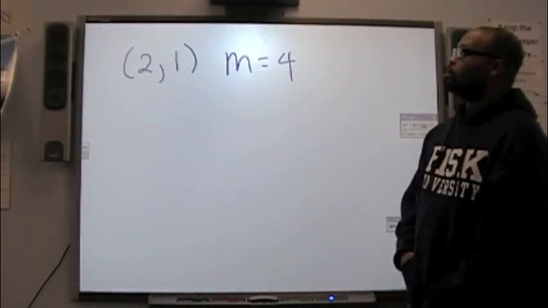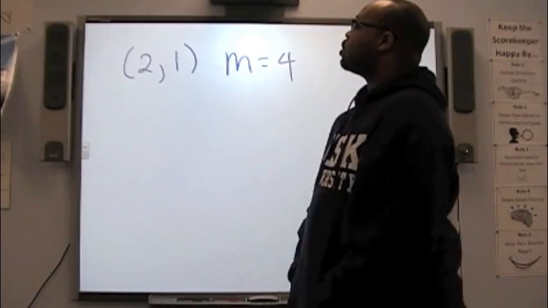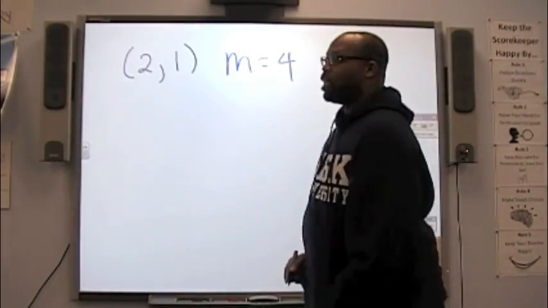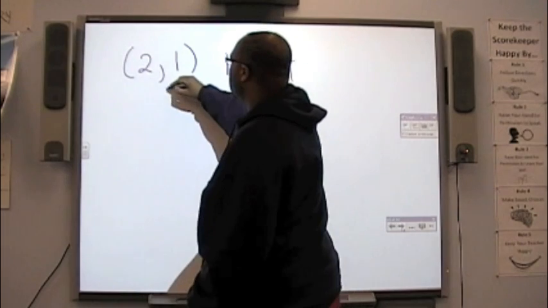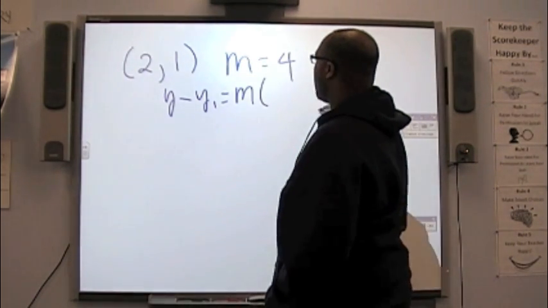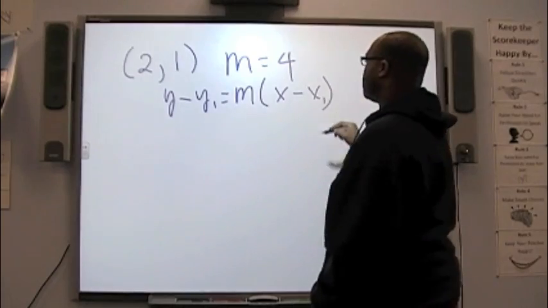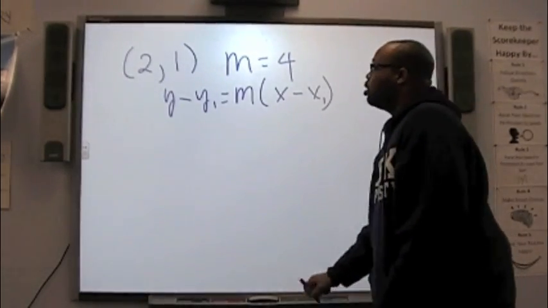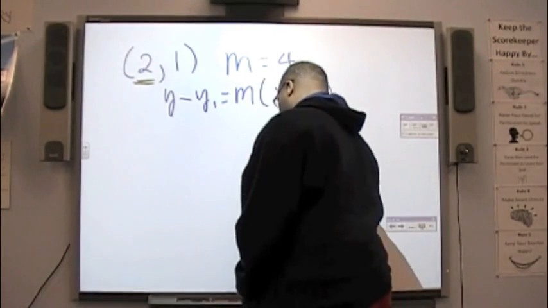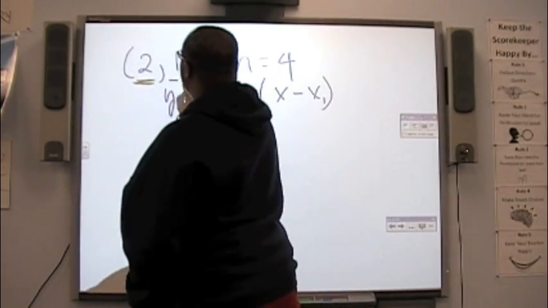Let's take a look at a problem. If I want to write this in point-slope form, I'm going to need a point and a slope. And they gave me that here. So let's write out point-slope form: y minus y sub 1 equals the slope times the quantity of x minus x sub 1. Now I know this is a point, so this is my x, which is 2, and this is my y.